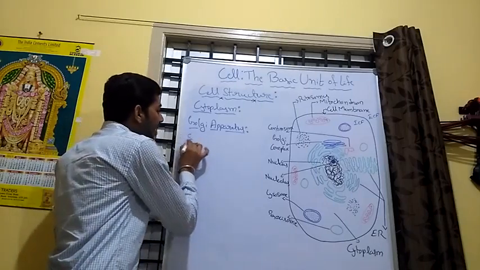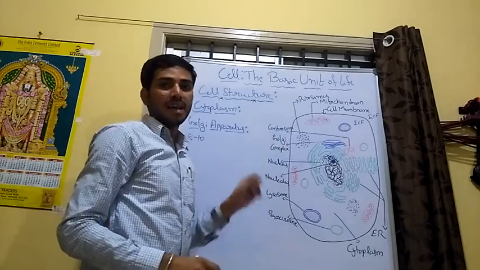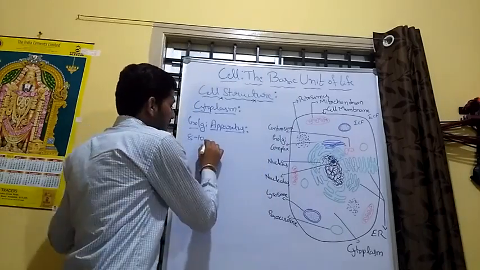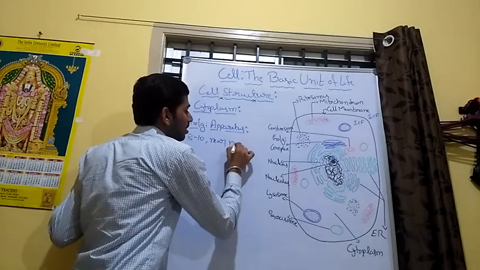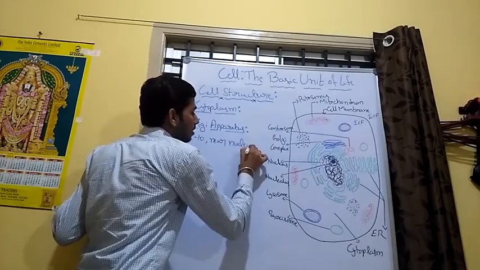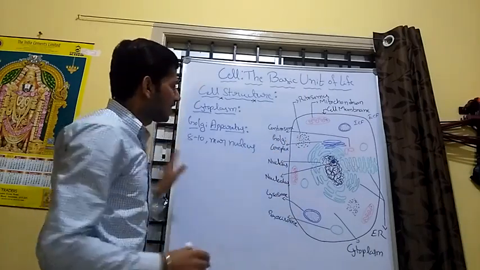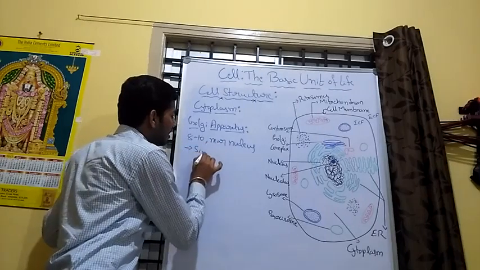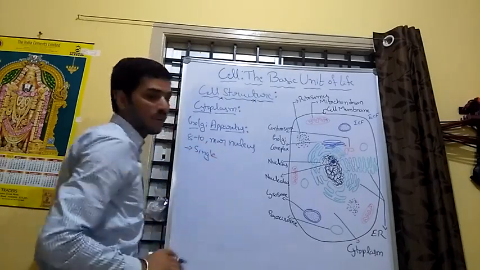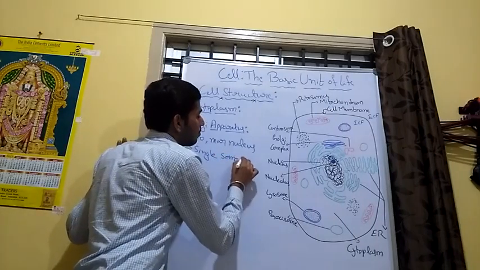It contains 8 to 10 plate-like structures, which are always present near the nucleus. The Golgi apparatus is most probably always single in a cell, but in some instances some cells have more than one.